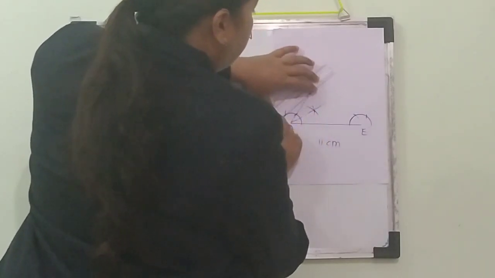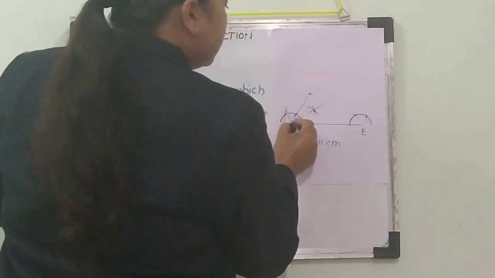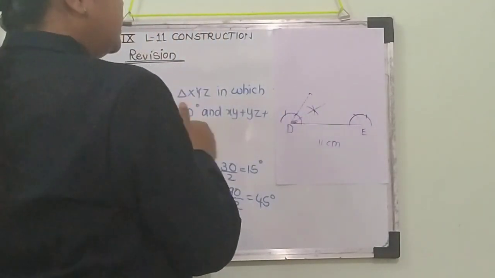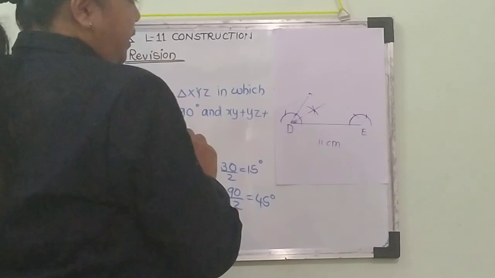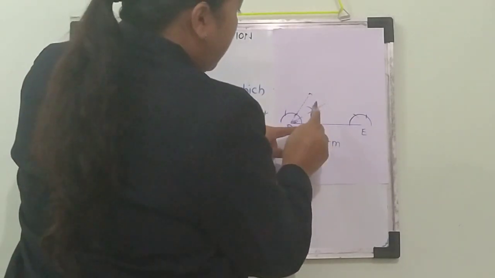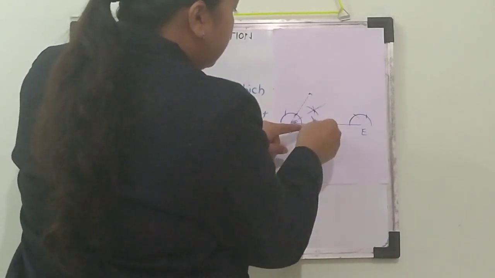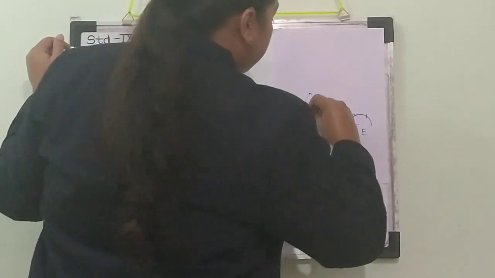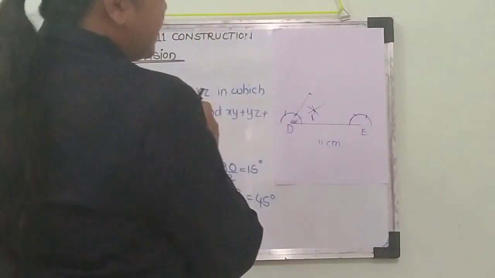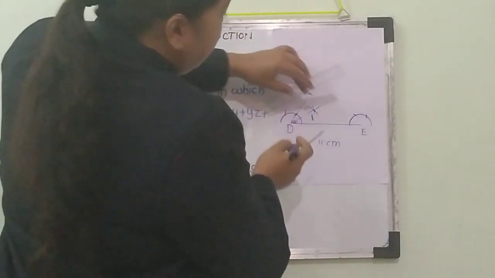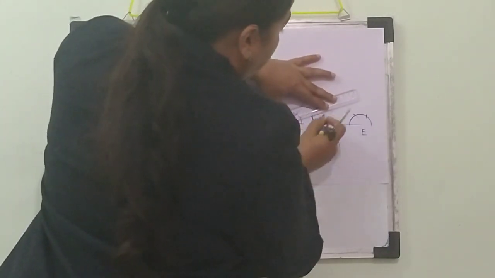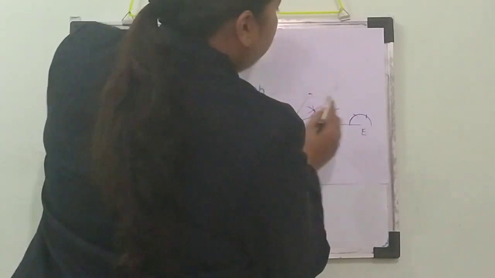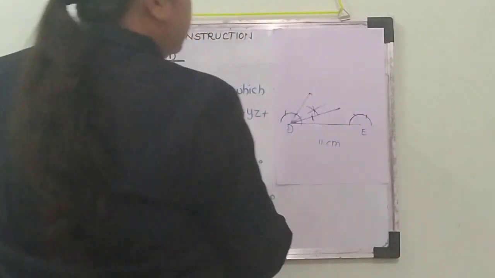Again we have to bisect it, because it is now 30 degrees, and when we bisect it we get a 15-degree angle. So again I have to mark the arc here. So it is our required angle. It is of 15-degree angle.